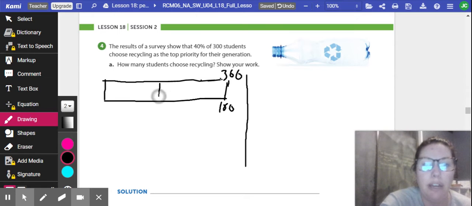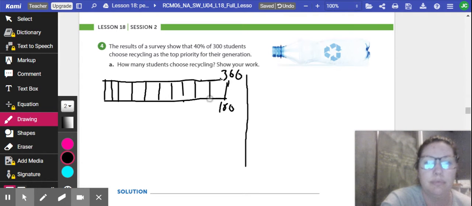So let me go ahead and draw 10 lines here. These are not quite even. 1, 2, 3, 4, 5, 6, 7, 8, 9, 10. Okay, so this is 50% here, which means this is going to be 40%.